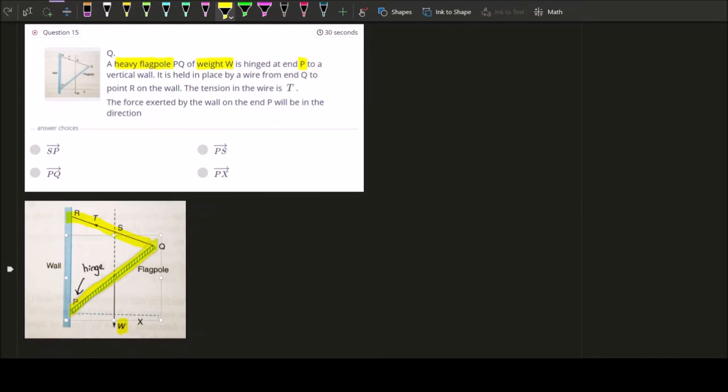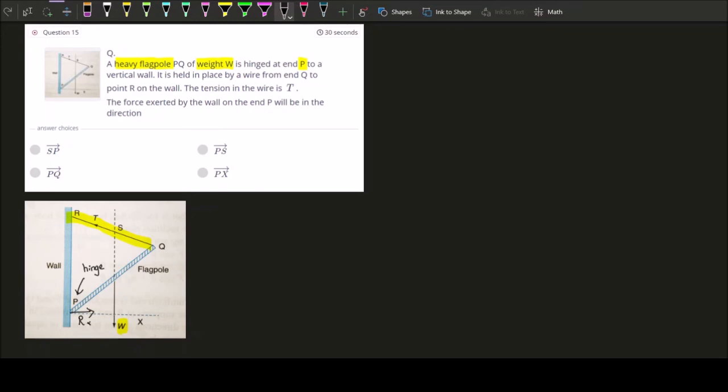So the wall is actually preventing the flagpole from swinging to the left. So to prevent something from swinging to the left, you have to exert a force that is going to the right. So that will be our Rx in that direction.